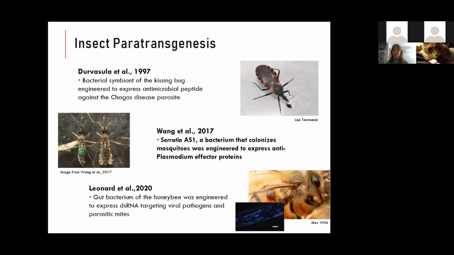We had some great work out of our lab by Sean Leonard that came out just recently, where he engineered a gut bacterium of the honeybee to express double-strand RNA that targets viral pathogens and parasitic mites that usually would harm these bees. So that's just an overview of what's been done. You can think of a whole bunch of different reasons that you might want to engineer a symbiont to manipulate an insect that maybe is not as genetically tractable through transgenesis.